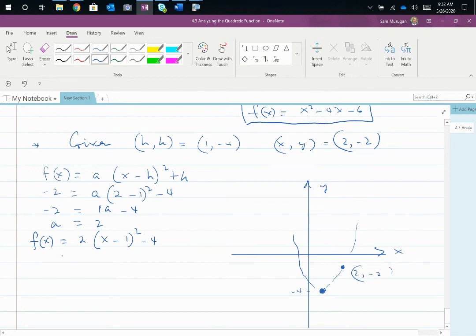Okay. x minus 1 times x minus 1 is x squared minus 2x plus 1, minus 4. Then you distribute. Never distribute before you do the parentheses, okay? This is 2x squared minus 4x plus 2 minus 4. So f of x is equal to 2x squared minus 4x minus 2.